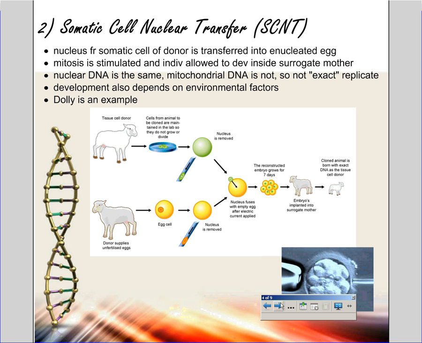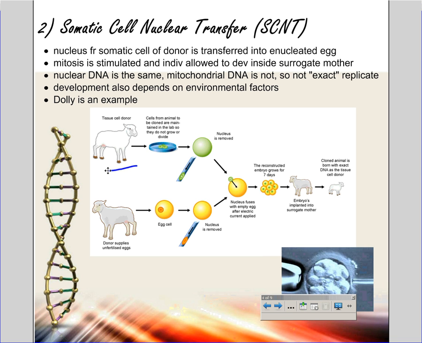In this case, we're looking at similar to Dolly, talking about a sheep. So just like in the mice, we have a tissue donor or a tissue cell donor and a donor that supplies the egg. I guess I can use a pen. This one, which one is it that you think that the end result is going to be a clone of?